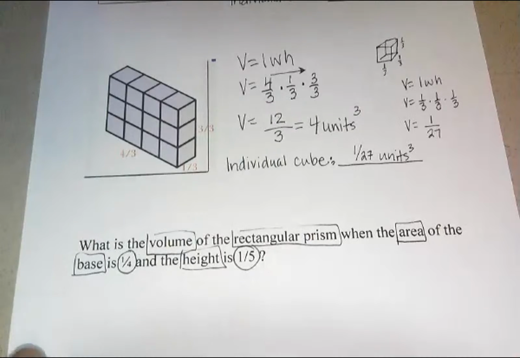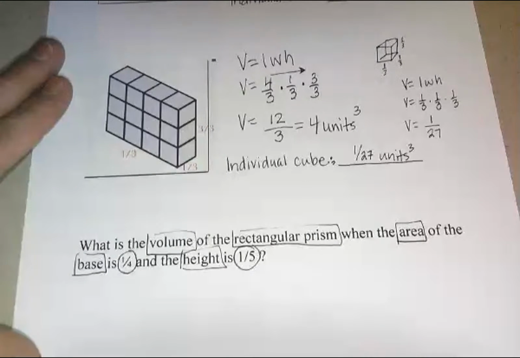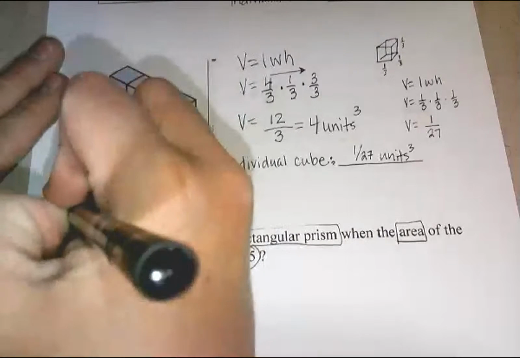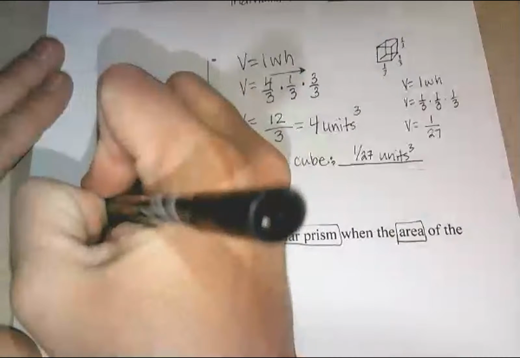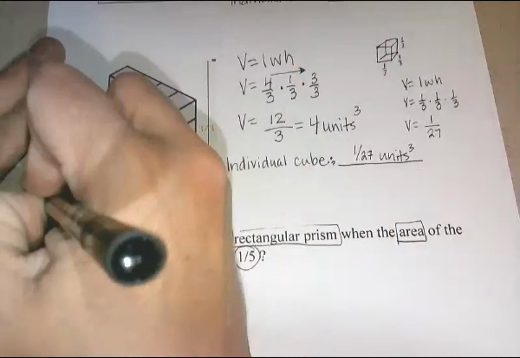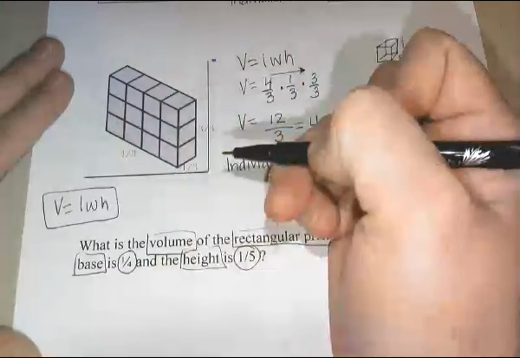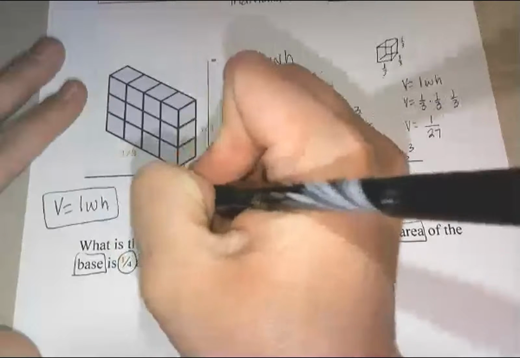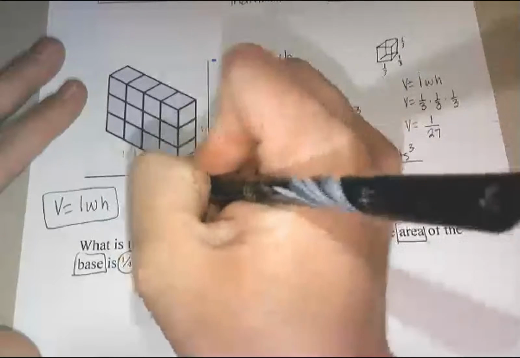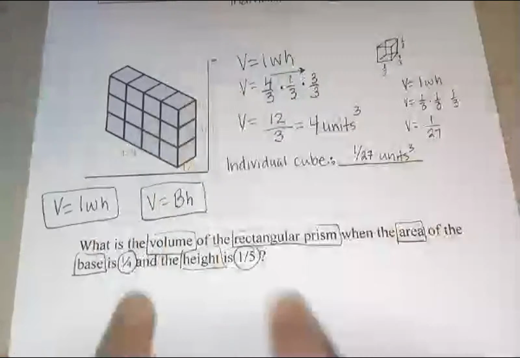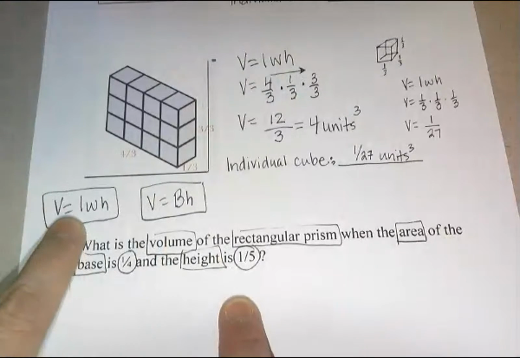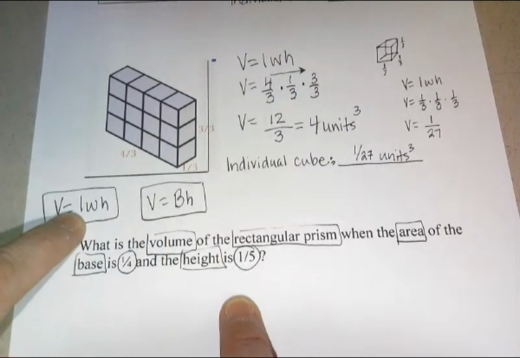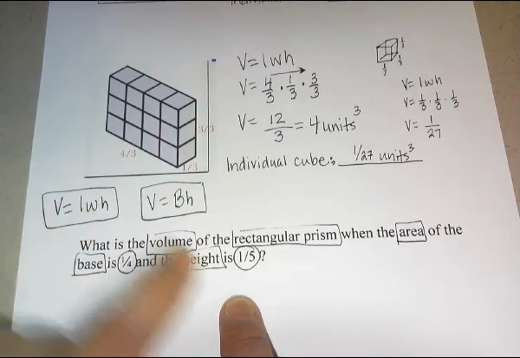So if I take a look at this, let me write the two volume formulas. There's volume equals length times width times height. And then there's the other formula, volume equals base times height. So if I look at this, I don't see a length or a width, but I see a height.